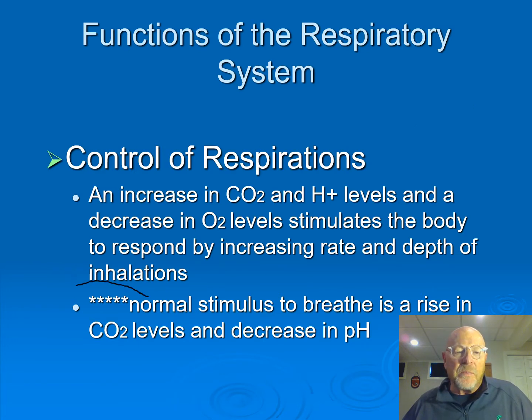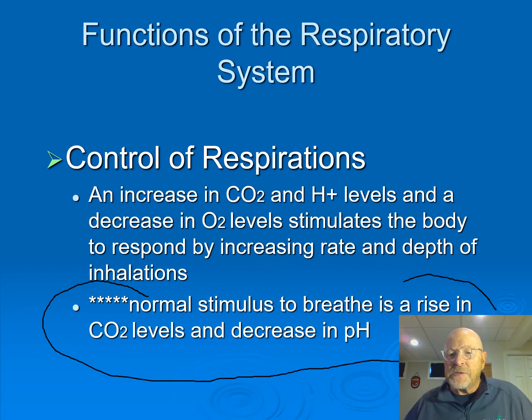This is what I want you to know predominantly in this slide. We said that the respiratory center in the brain determines the rate, rhythm, and depth of respirations. For you and I, of all the data that the brain is getting from the chemoreceptor sites, the most important is the CO2.